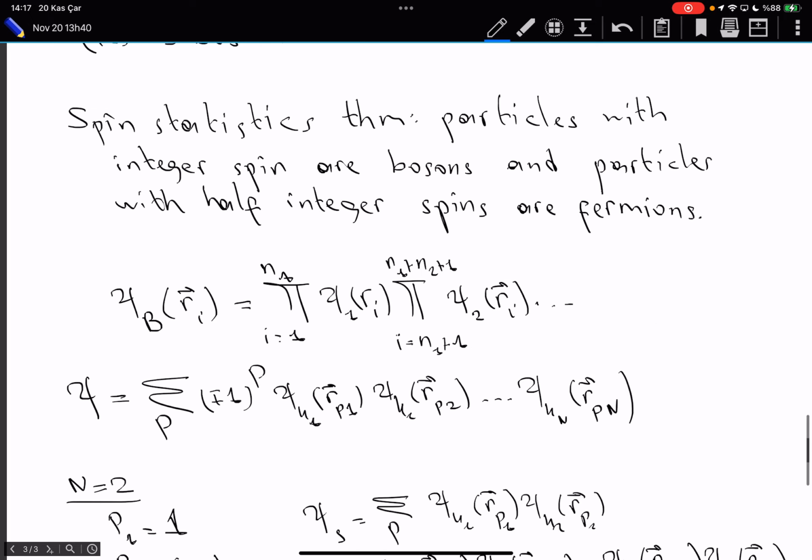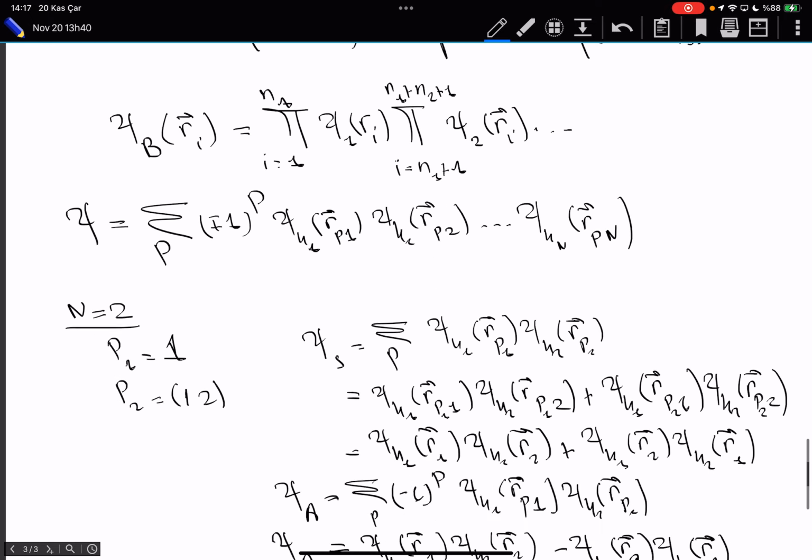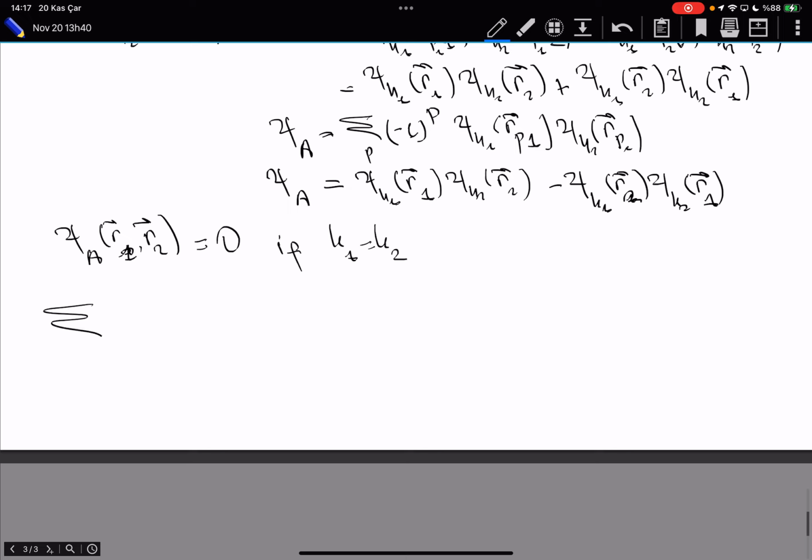Now, just another thing to note is if you look at the sum over all permutations, minus 1 to the p, psi k1 r of p1, psi k2 r of p2, psi kn r of pn. This is actually a determinant.